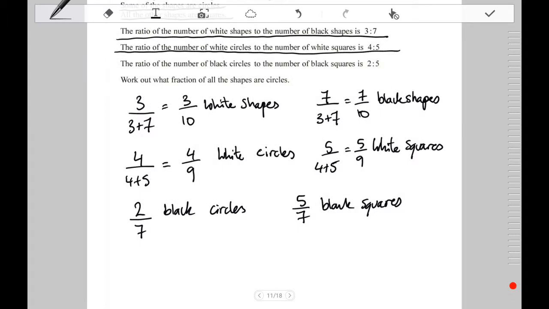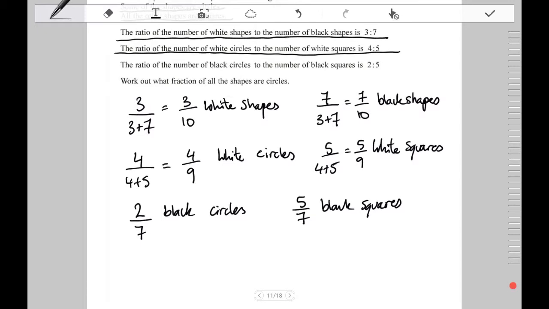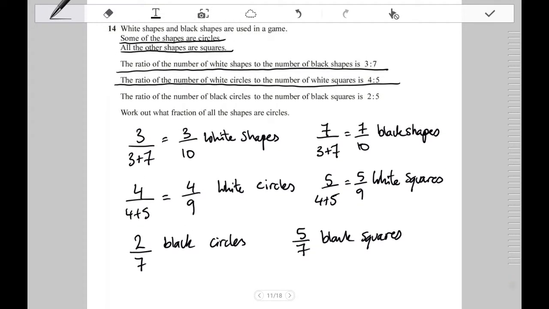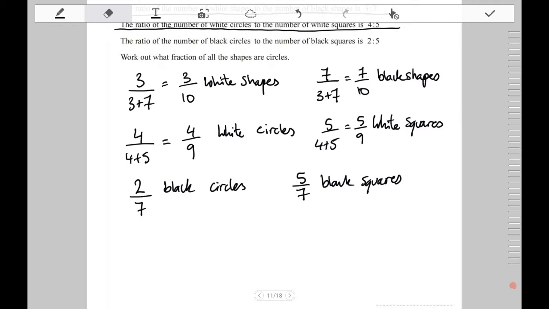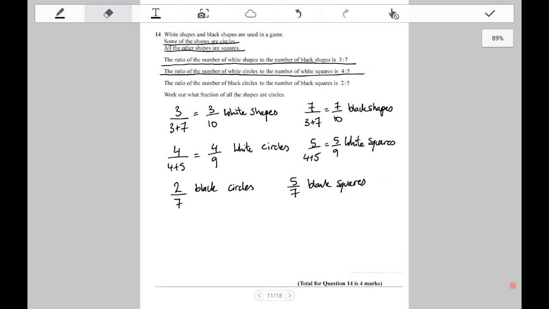Okay, we're going to use these fractions to work out the fraction of all the shapes that are circles. That's the reason why we put these ratios in fraction form, because we're going to multiply them by each other in such a way that we get the fraction of all the shapes that are circles. Now the way you can look at this is like probability.